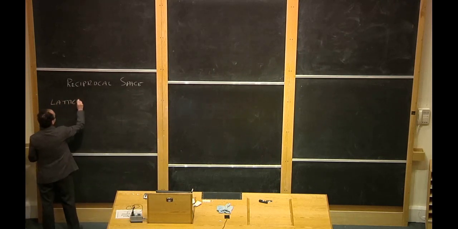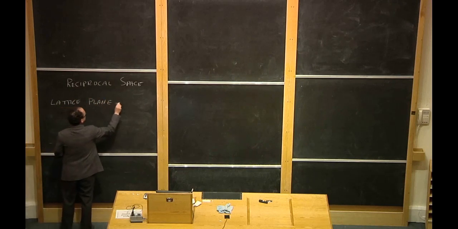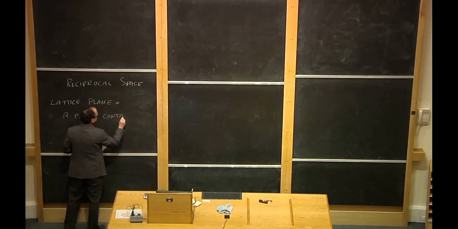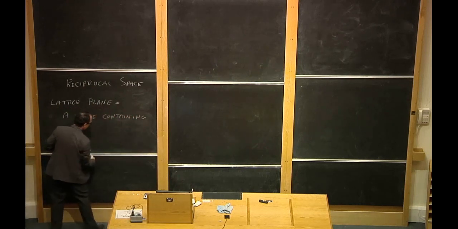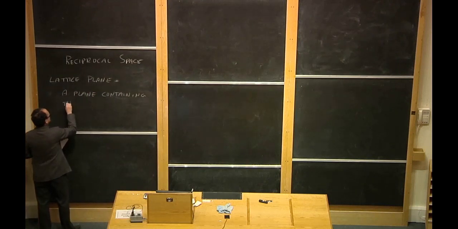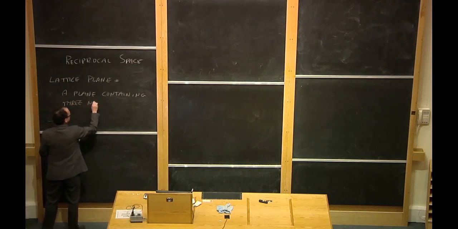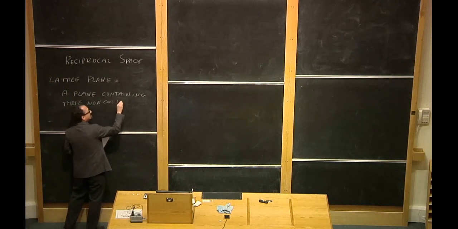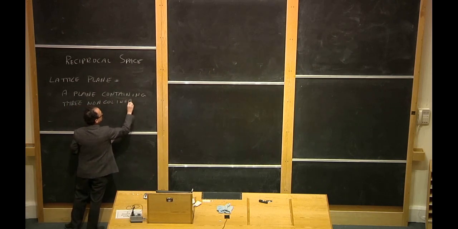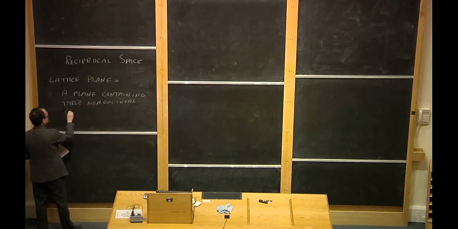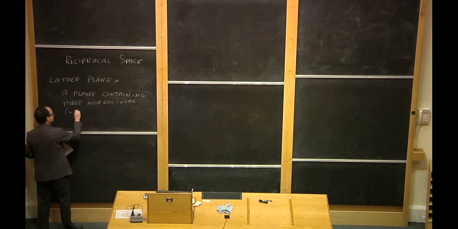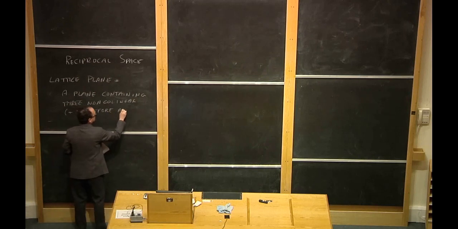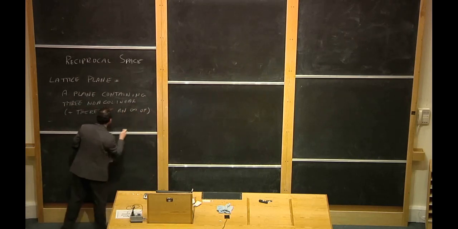A lattice plane equals a plane containing three non-collinear lattice points, and therefore an infinite number of lattice points.